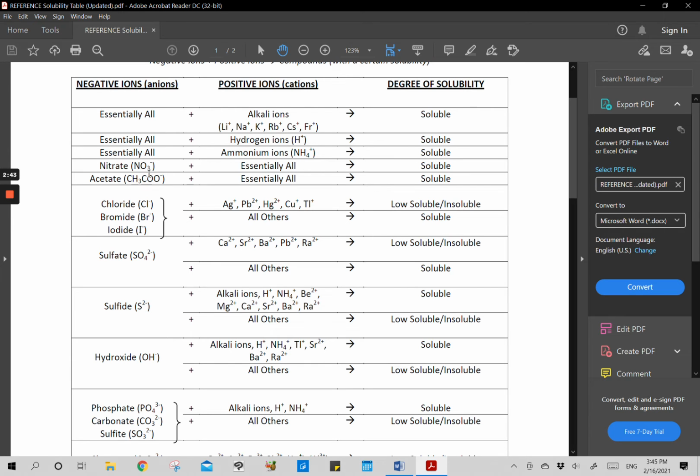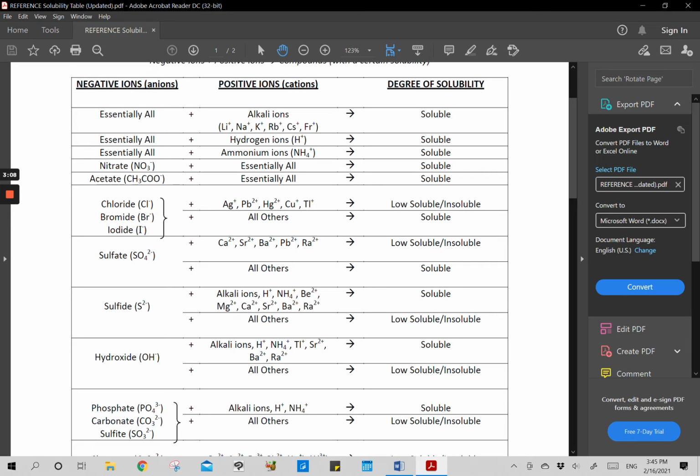So it's unlikely for my NO3 to actually help form a precipitate. If I look at Li+, Li+ is up here as part of the alkali ions. They too basically mix with essentially any anion to become soluble. So it's unlikely that my Li will also form a precipitate.